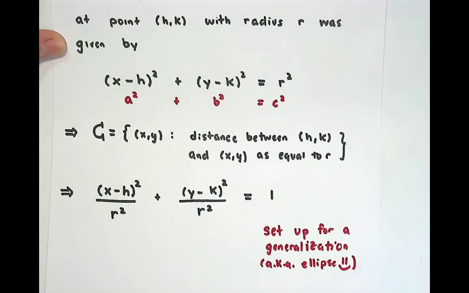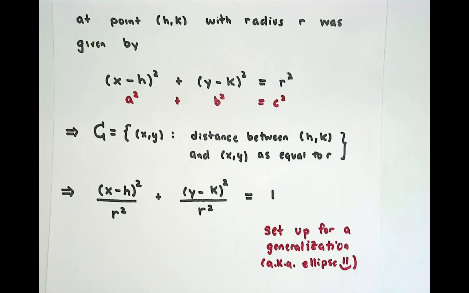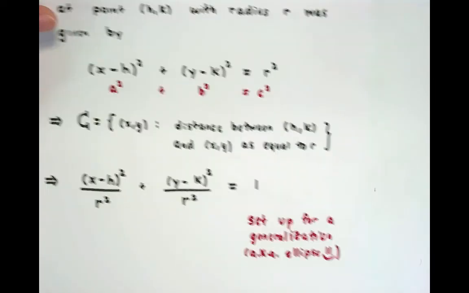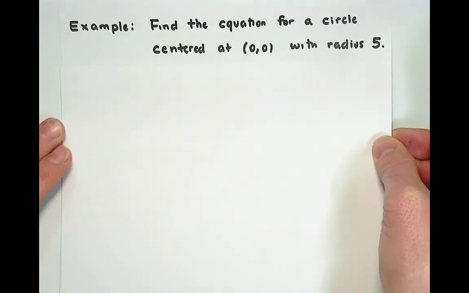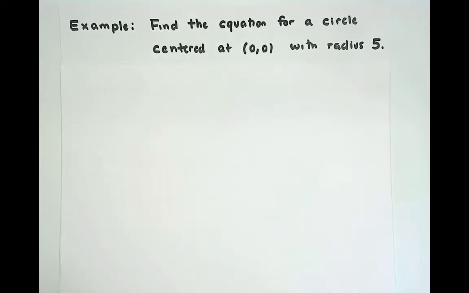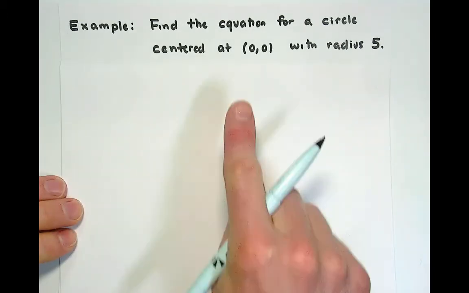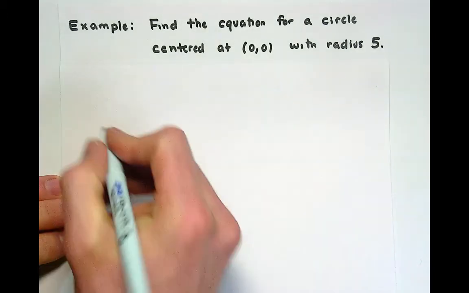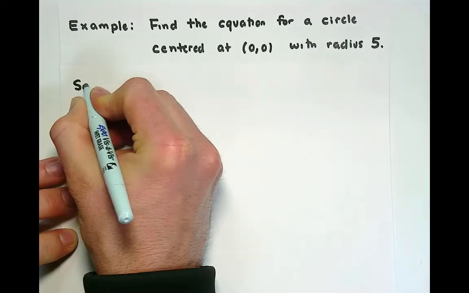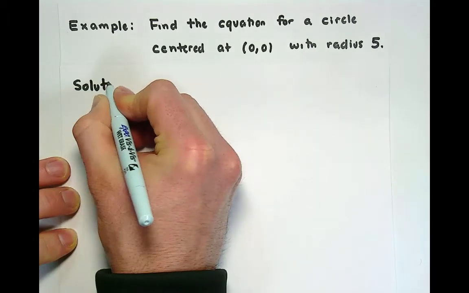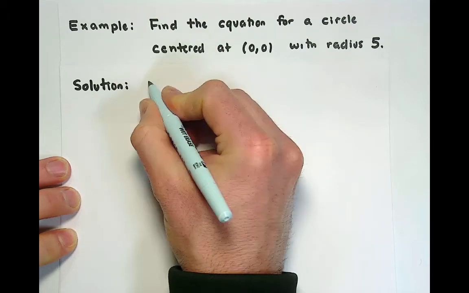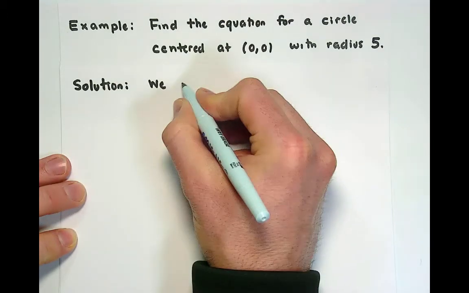As a quick reminder, let's look at an example of this equation in action. In this case, we're going to find the equation for a circle centered at the origin with radius 5. Of course, the solution comes immediately from that formula.